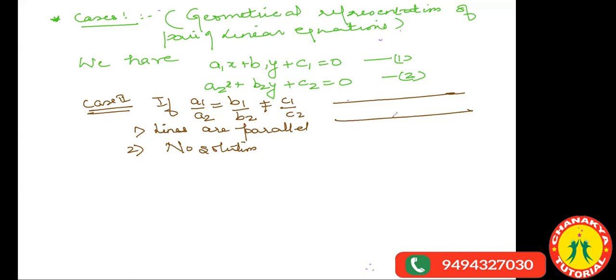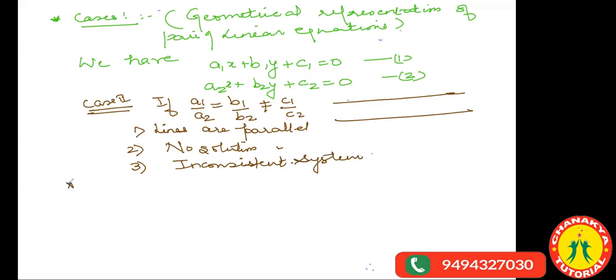If lines intersect, then there is a solution. The lines are not intersecting, therefore no solution. And if there is no solution, it is an inconsistent system. Understood, beta, these three things?